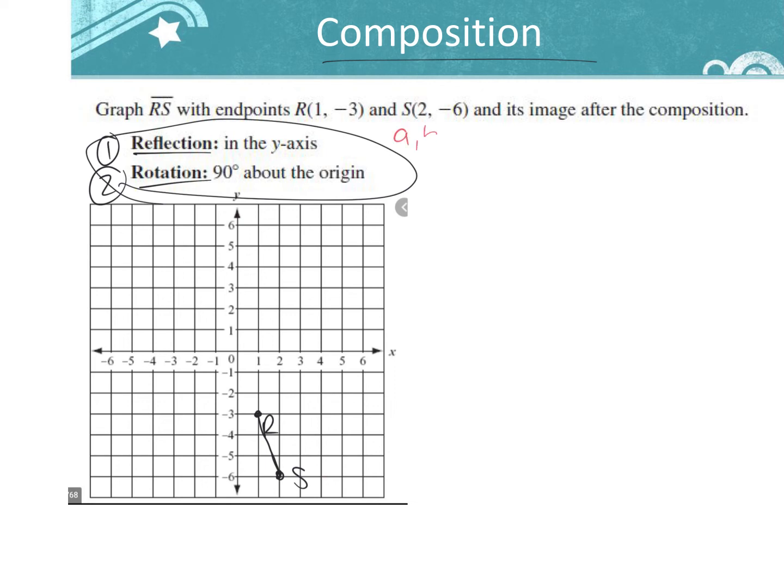Good. So it goes from A, B to what? Negative A, comma, B. So my R prime is what? Negative 1, negative 3. Let's plot that. Here's R prime. And then my S prime? Negative 2, negative 6.